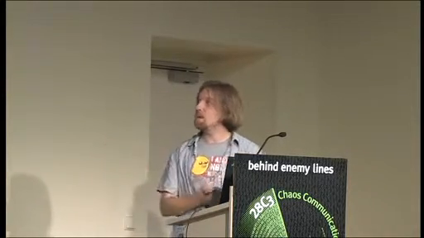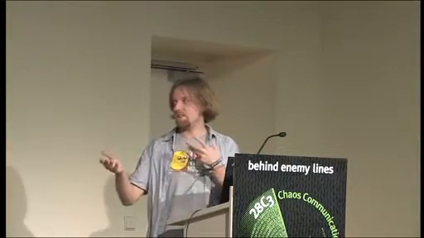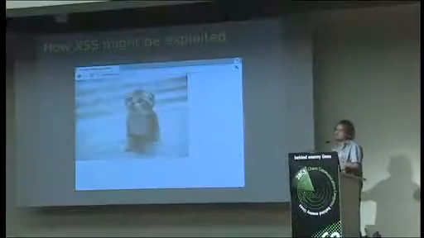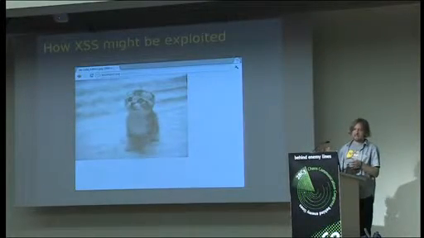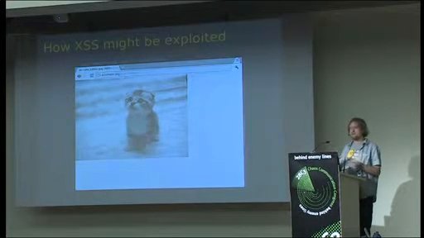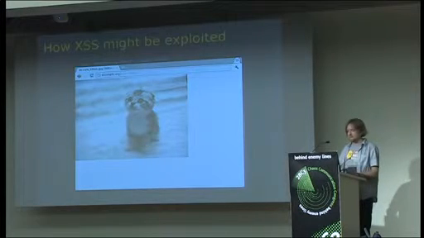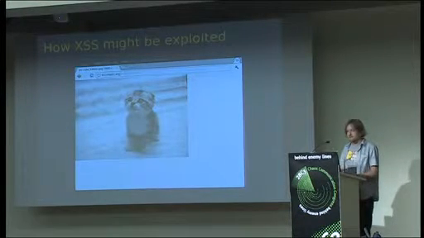So how you could exploit cross-site scripting is to get a user to visit this page with a cute kitten. Obviously there is nothing to let us know that there might be a cross-site scripting exploit there, but there could be invisible frames that do the same thing, basically create an iframe or some other frame to the victim page that the user never sees.